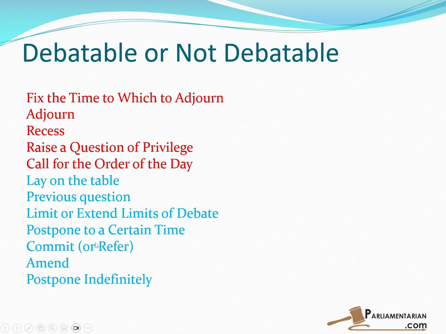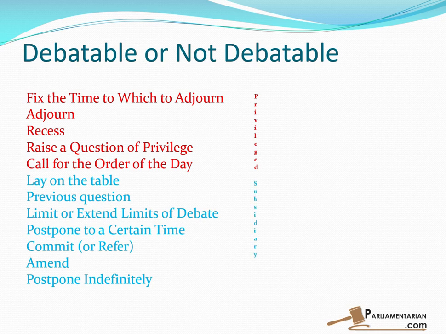But those things that are below are not in order. So if we have a motion to adjourn on the floor right now, the only thing that you could move that would be in order is fix the time to which to adjourn, but not recess. Those that are above are in order even if a lower ranked motion is on the floor.